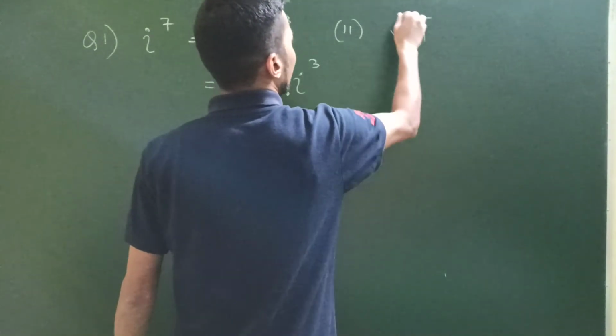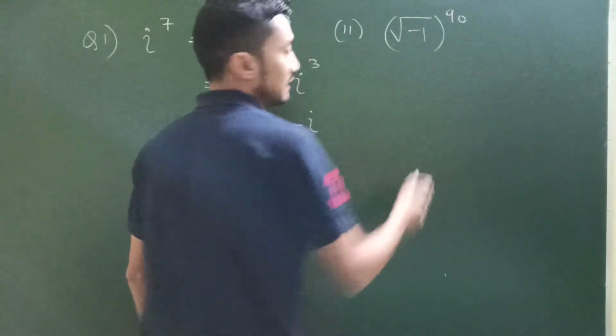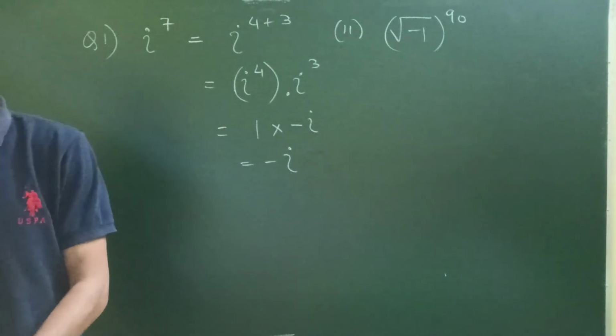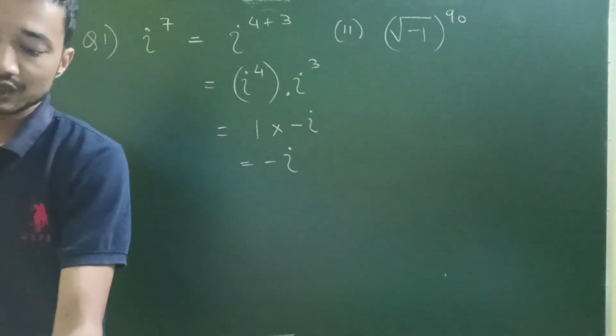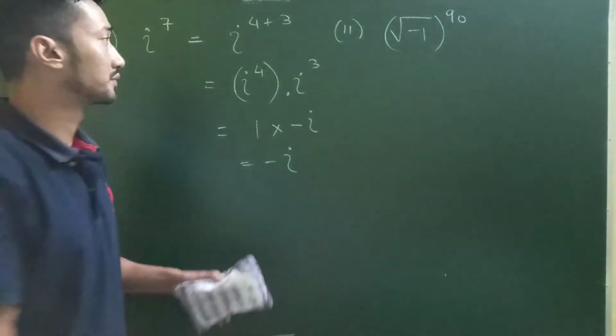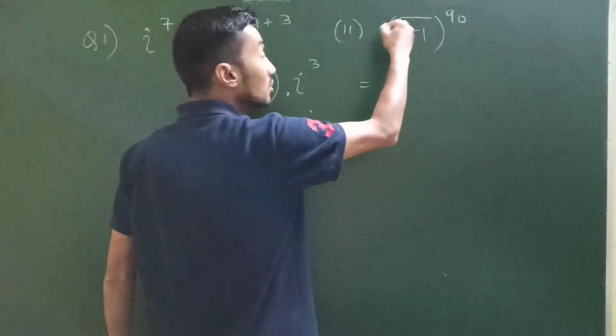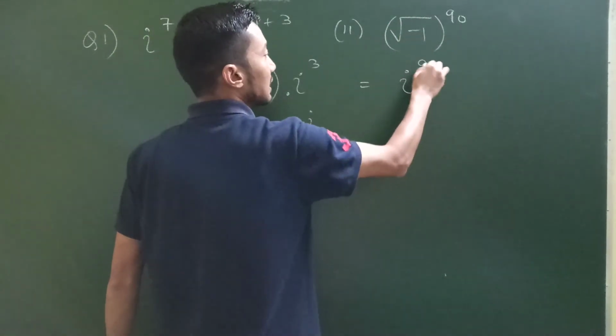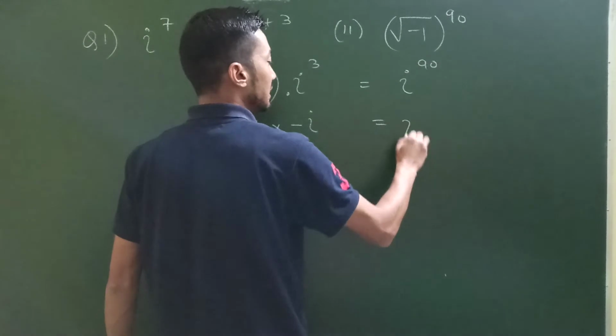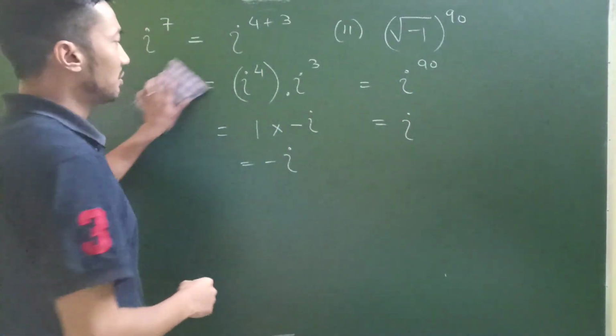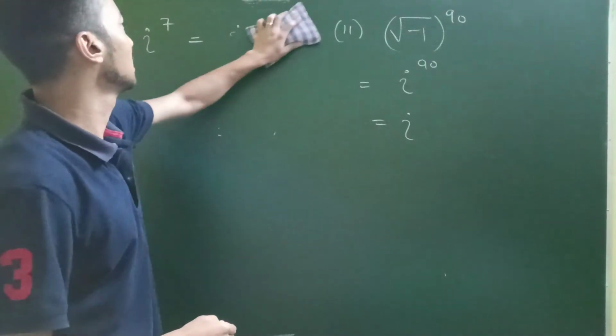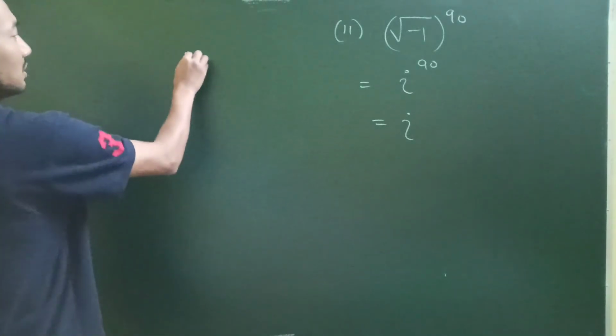Square root of minus 1 whole power 90. So what will be the value of square root of minus 1 whole power 90? So root over minus 1, we can again write as I. So that will be I power 90. Now, in terms of multiples of 4, how can we represent 90? Is it possible? Definitely yes.